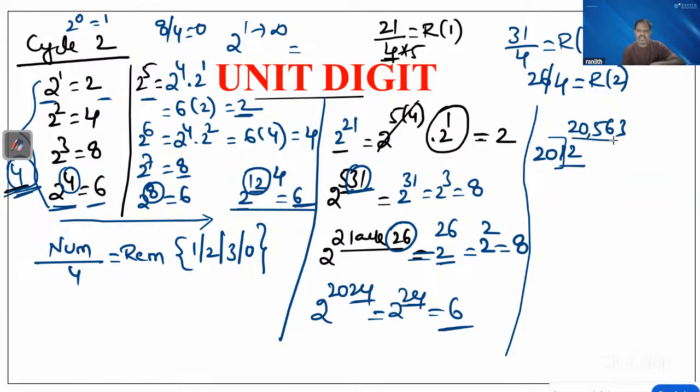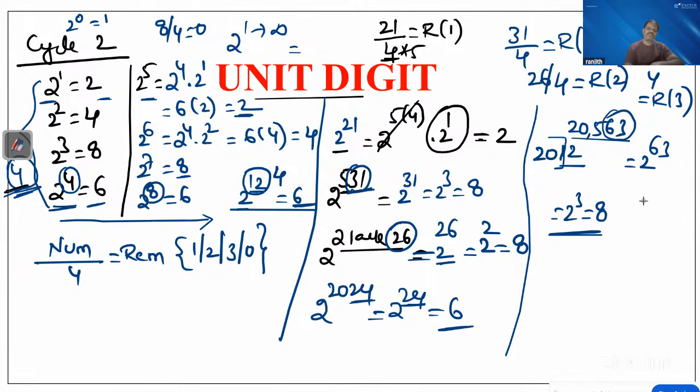Whatever the power, we take only the last two digits. What are the last two digits? 2 power 63. When we divide 63 by 4, the remainder is 3. So that is 2 cube, which equals 8, the answer. In this way, we need to find the 2 cycle.